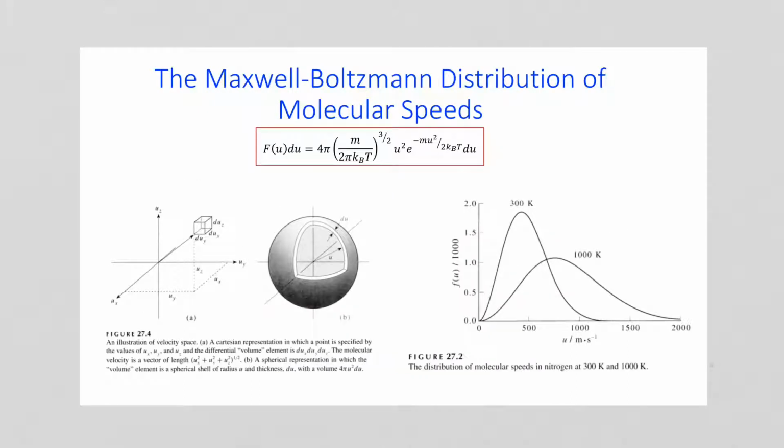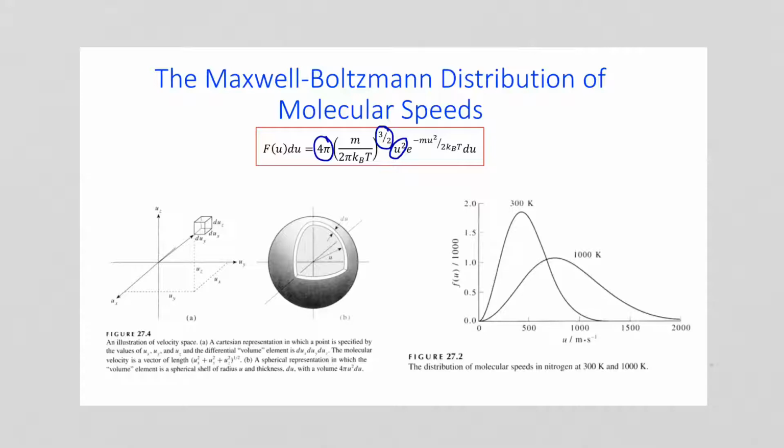So let's take a closer look at our new expression. The main things that are different from the expression we had before for the velocities are this 4 pi term right there. Our exponent is to the 3/2 instead of the 1/2, and we have this u squared term that pops up in there.